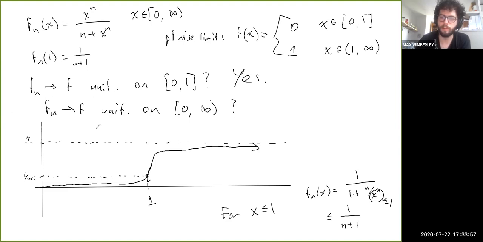This one is easy. It's like one sentence. The answer is no, right? Because f is not continuous at x equals 1.